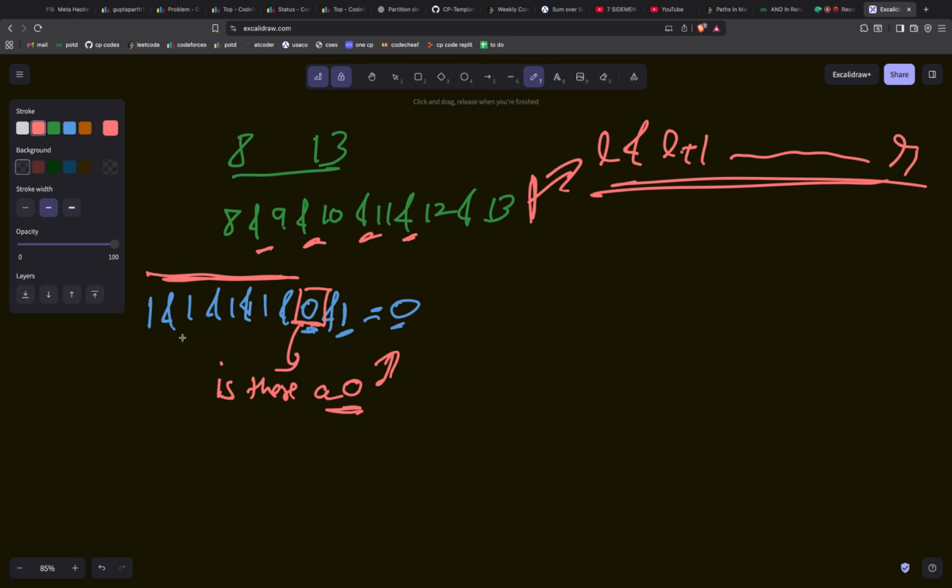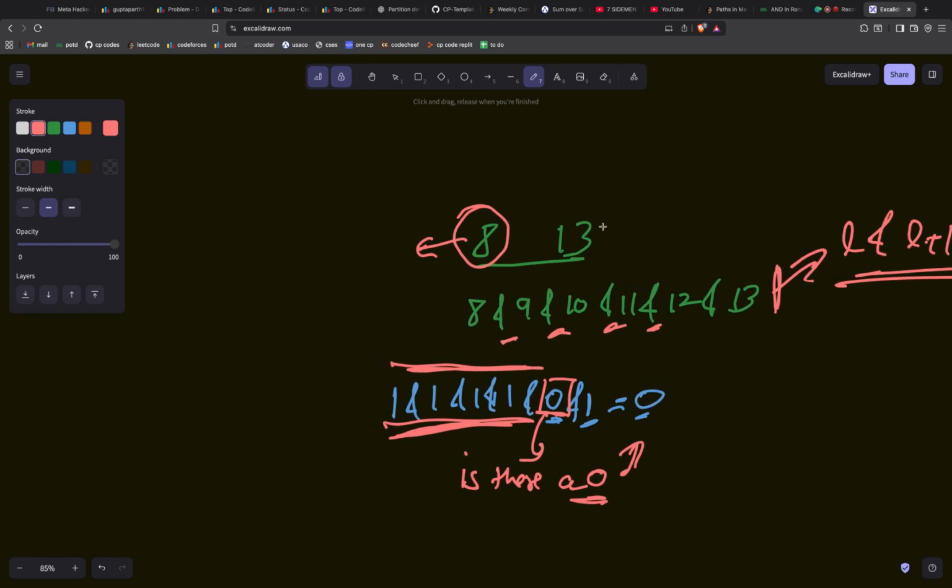Now, this is at 1 bit level, but I want to deal at integer level, so we'll break our integers down. So 8 and 13. 8 would be 1000. 13 would be 1101, right? This is 1, 2, 4, 8, yeah, 8 plus 4 plus 1.